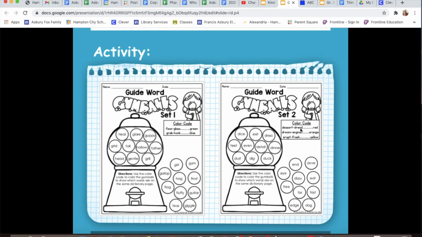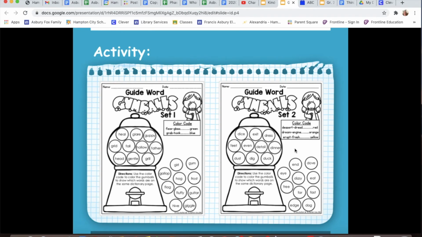Between those two? If so, you'd color your gumball red. If you think the word would go in between dream and engine, then you would color the gumball orange. And if you think that the word would go in between erupt and fresh, then you would color it yellow.